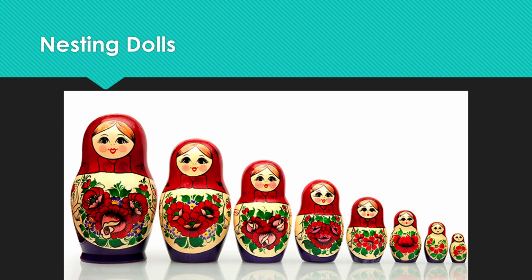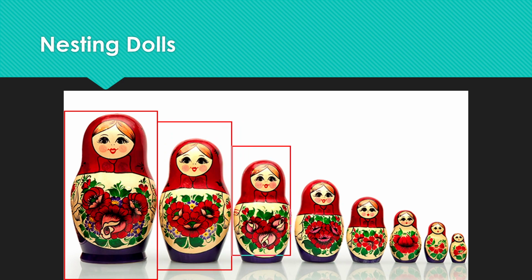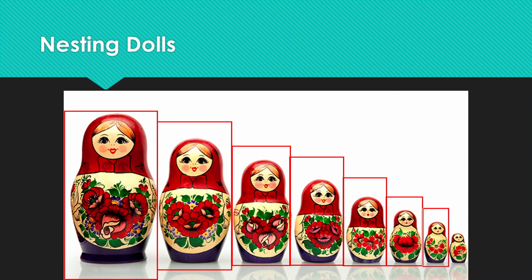These are called the Russian nesting dolls. So we normally have a doll nested in another one. We have a bigger doll, and inside it we have a smaller doll, then smaller, then smaller, and finally the smallest one that has no other doll inside it.